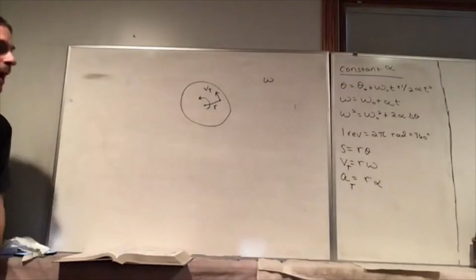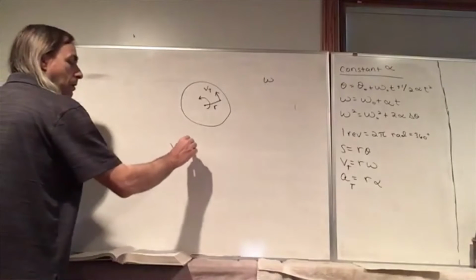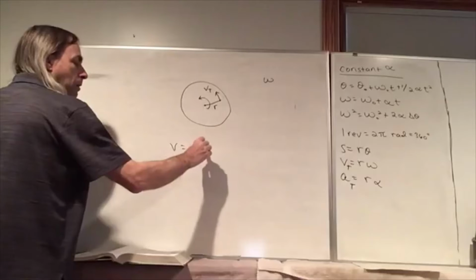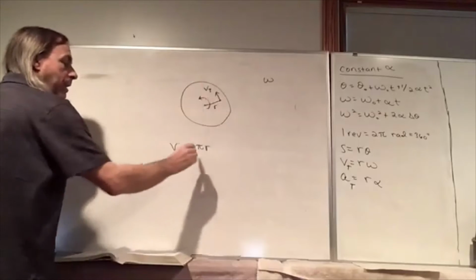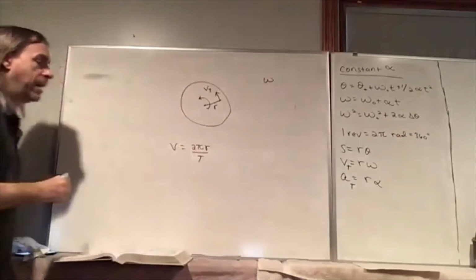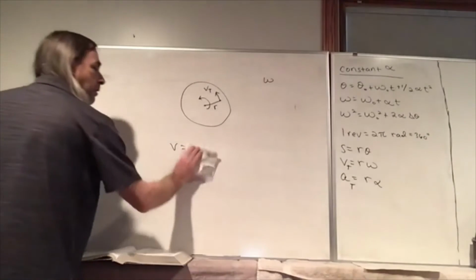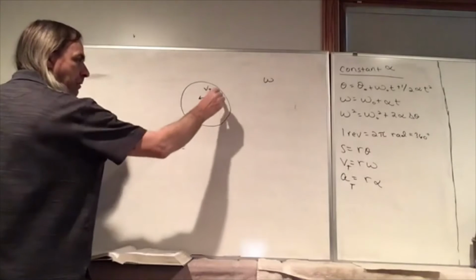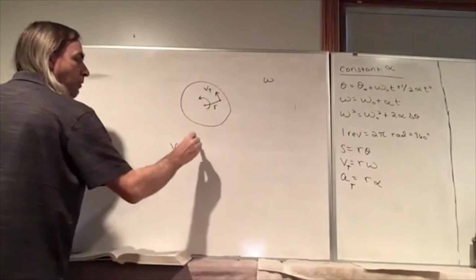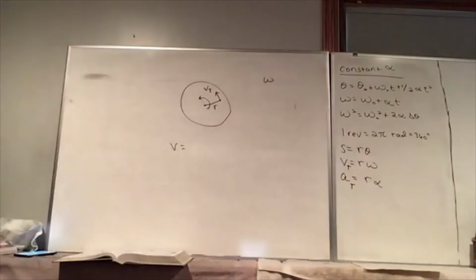Now we can find this velocity very easily. We go through a distance in a time equal to 1 period, so we've got 2 pi r over T. Actually, we can just do distance over time, but we want to relate that to omega.